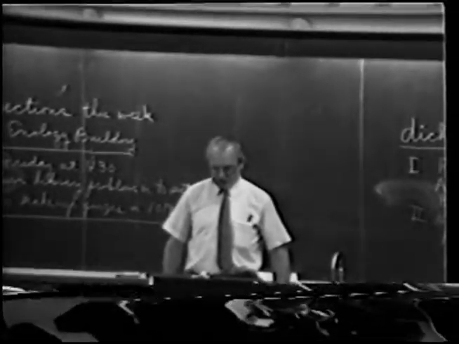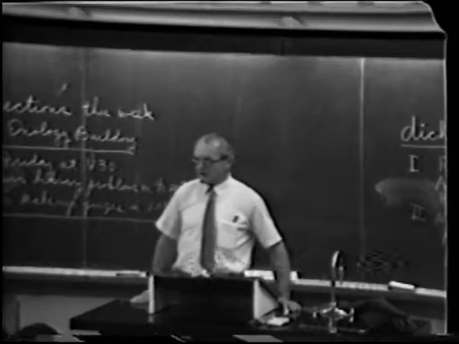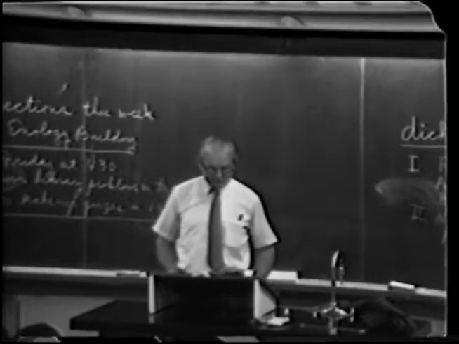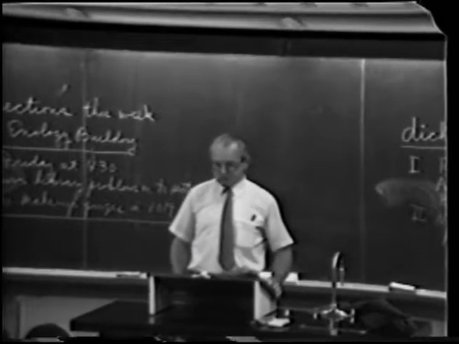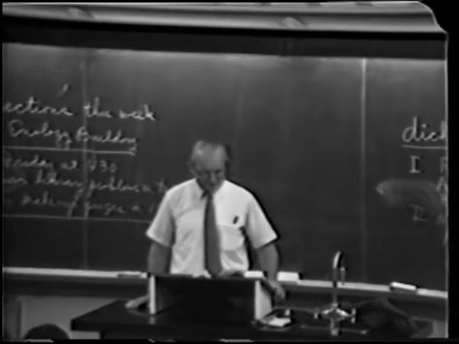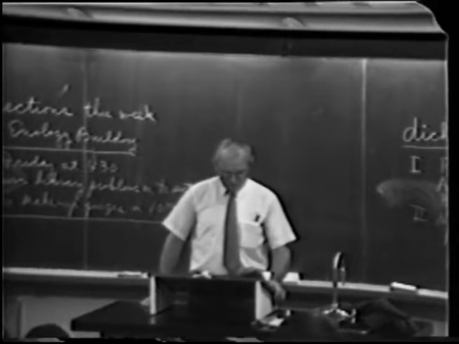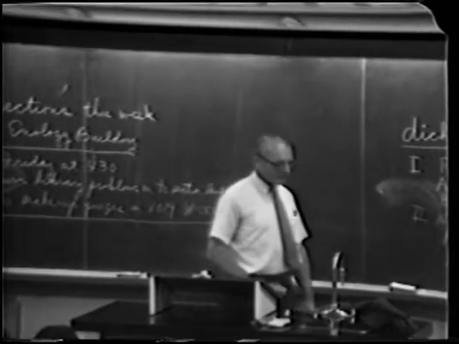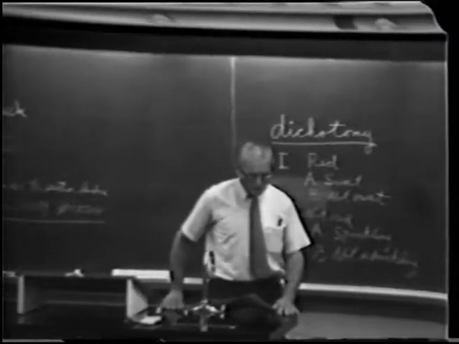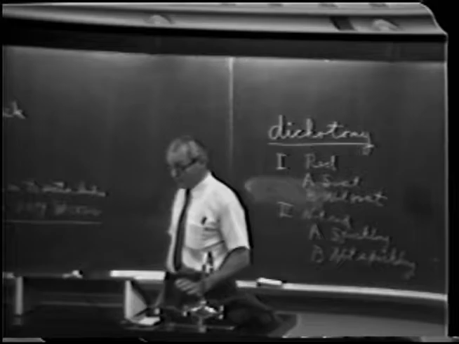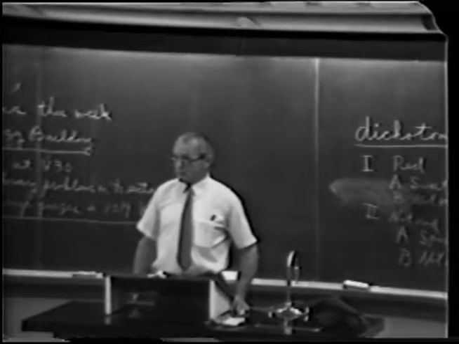Well, this chart is not quite a dichotomous chart for a very good reason. It gets to be too long if we make it completely dichotomous. The first part is completely dichotomous, however. The Roman numeral 1 and Roman numeral 2 are mutually exclusive.